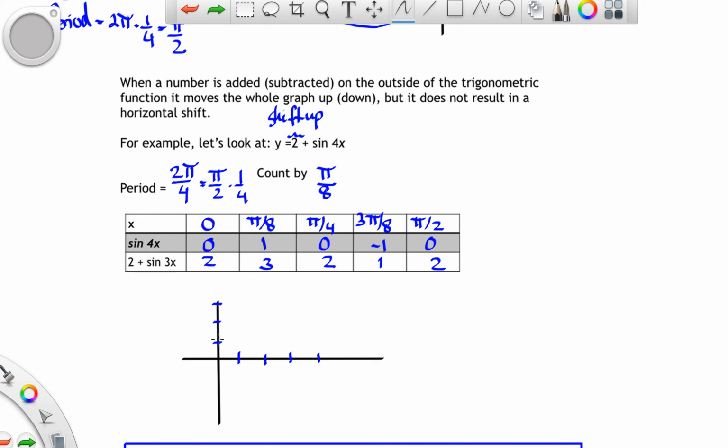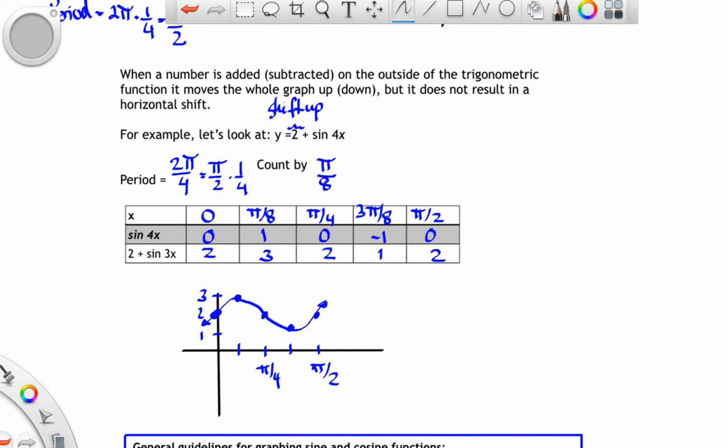At 0, we're at 2. At pi over 8, we're at 3. And then we're at 2 again. And then we're at 1. And then we are at 2 again. So the graph looks a little like this. Hopefully your curves look a little better than mine. Okay. And then some markings. So in this case, pi over 2 and pi over 4, 1, 2, and 3.